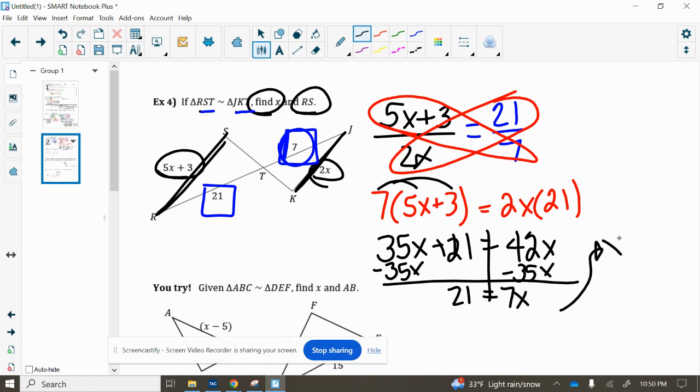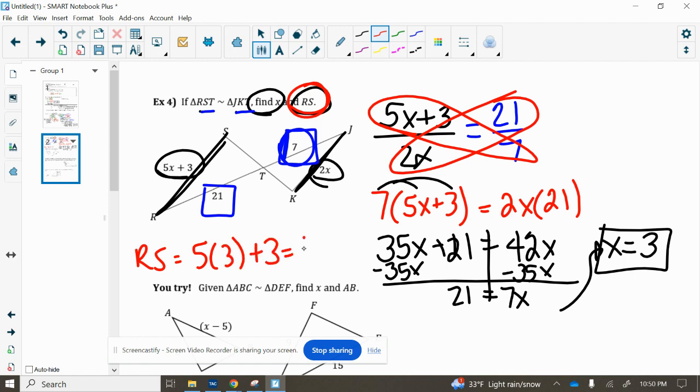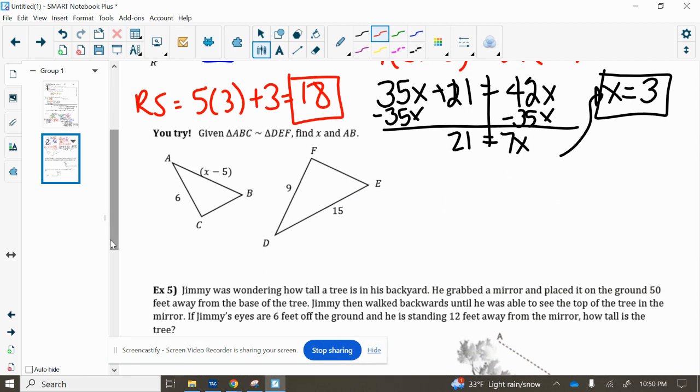So x, when we divide both sides by 7, is 3. And then plug back in to find the value of R to S. 5 times 3, but plus 3 is 18. Your turn next. Try to find the value of x, and don't forget to also find the length of A to B.